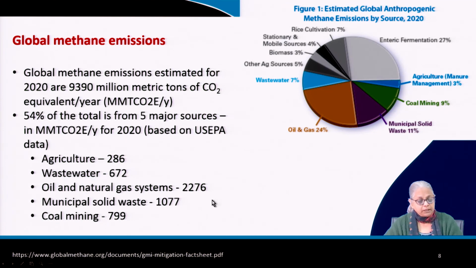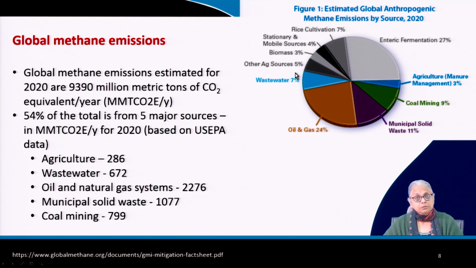The next big one is municipal solid waste. Municipal solid waste, whether it's in a landfill or in an open dump, is contributing 11% of the global emissions. After that, I think we have coal mining. Coal mining contributes 9%. Again, it's release of natural gas during the mining operations.